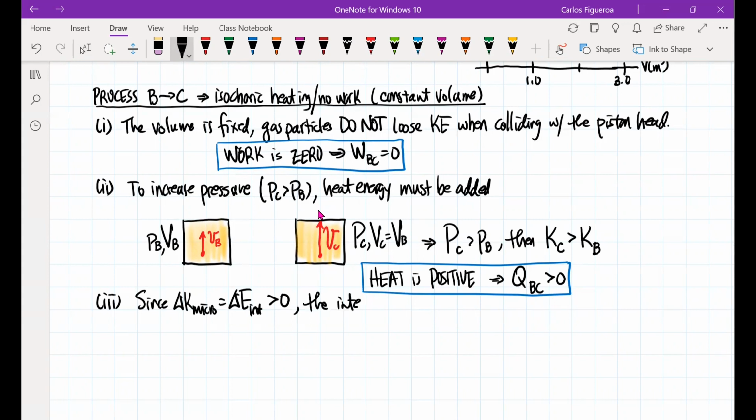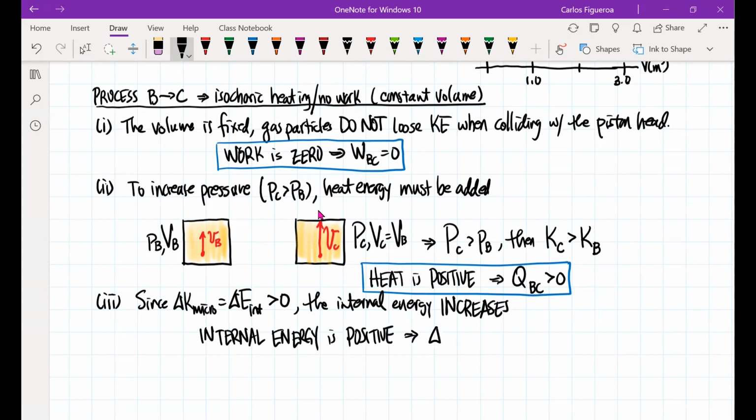The internal energy increases. So therefore, we could then write that the internal energy between B and C is positive.